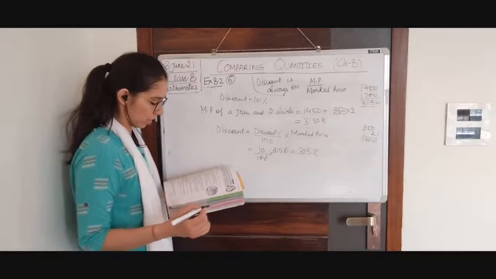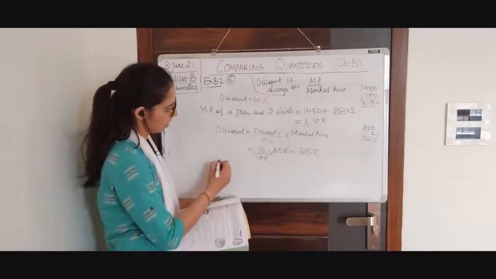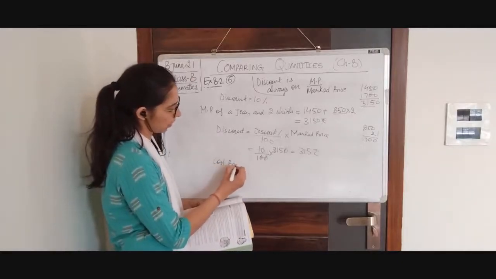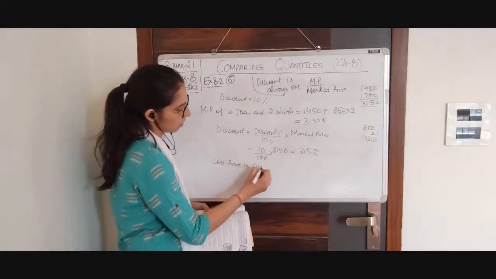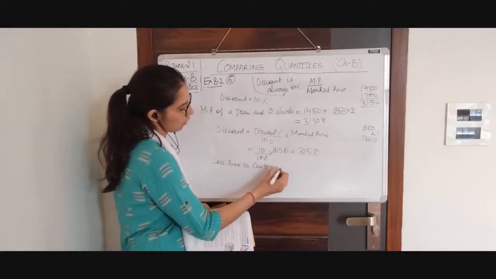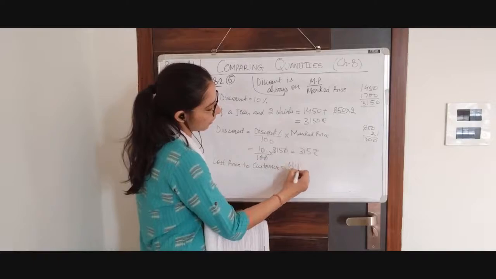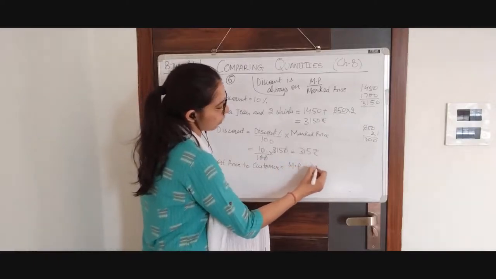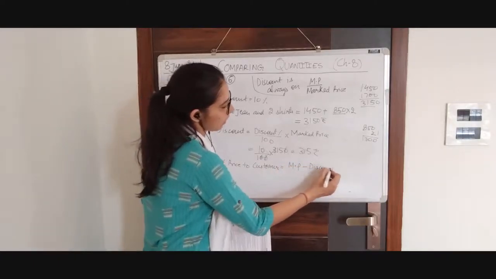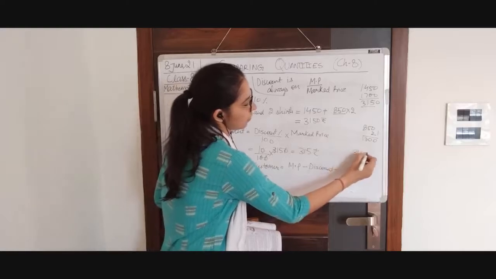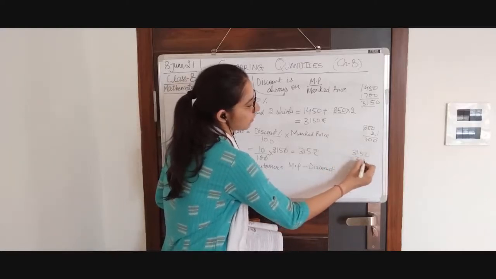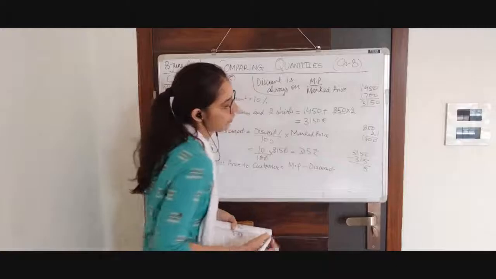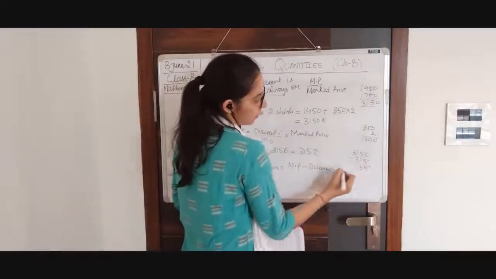Now you have to find out what he has to pay. So cost price to customer will be equal to mark price minus the discount he got. ठीक है, it will be 3150 minus 315.